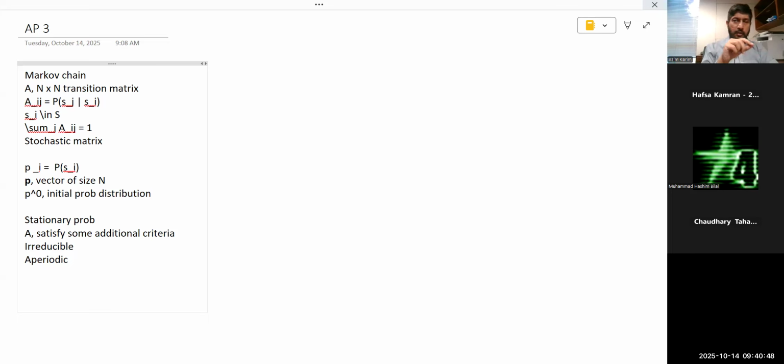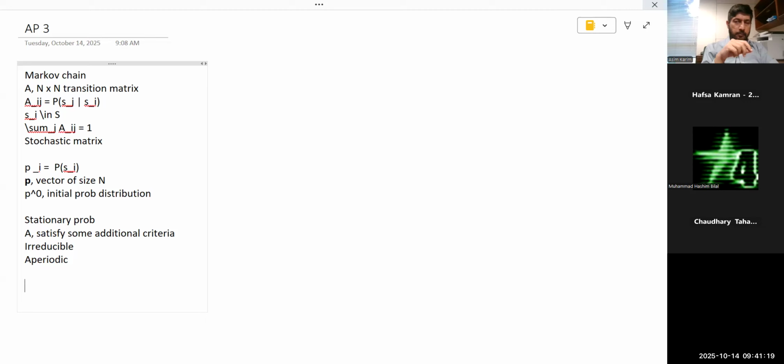Basically, in the steady state, after a long period of time, the distribution of the web surfer on a particular web page would be given by this P, this stationary probability distribution. And that stationary probability distribution is called the page rank because it indicates the importance of a particular page in the graph or in the web.